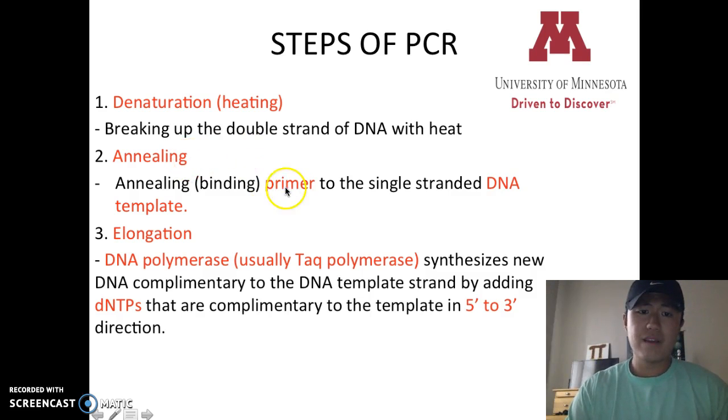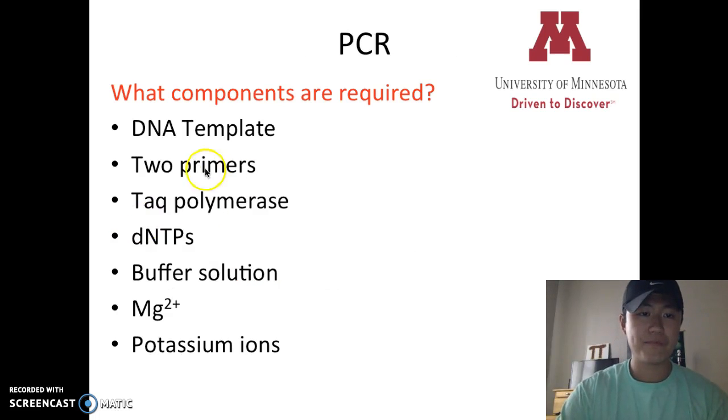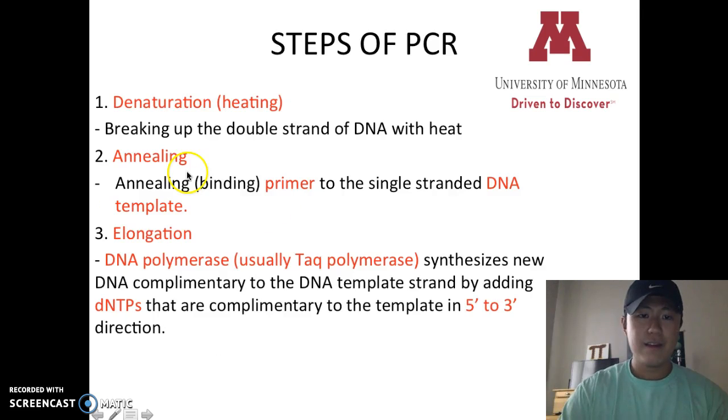So the annealing of the primer, we talked about primers, to the single-stranded DNA template. Once that's done, the elongation step comes in, and DNA polymerase. And we talked about Taq polymerase here. Usually it's Taq polymerase that is used in PCR.